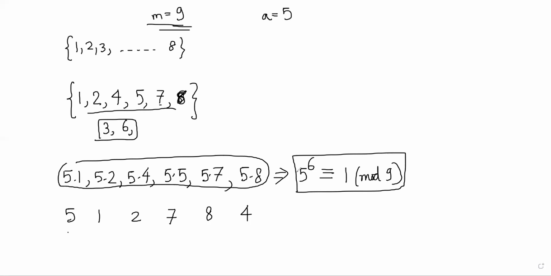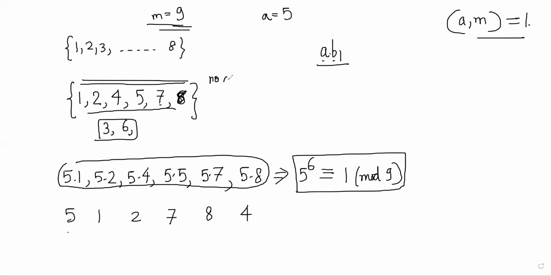Whenever you multiply A times some remainder B1, A is co-prime with M. So if I multiply two numbers, none of which have any common factors with M, now it is obvious. What is special about these numbers? They have no common factors with 9.